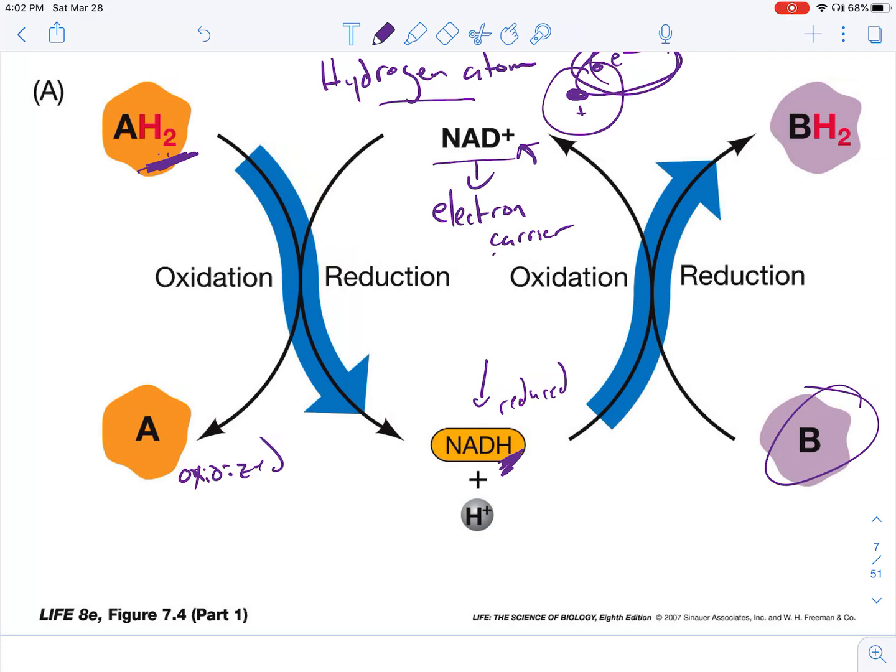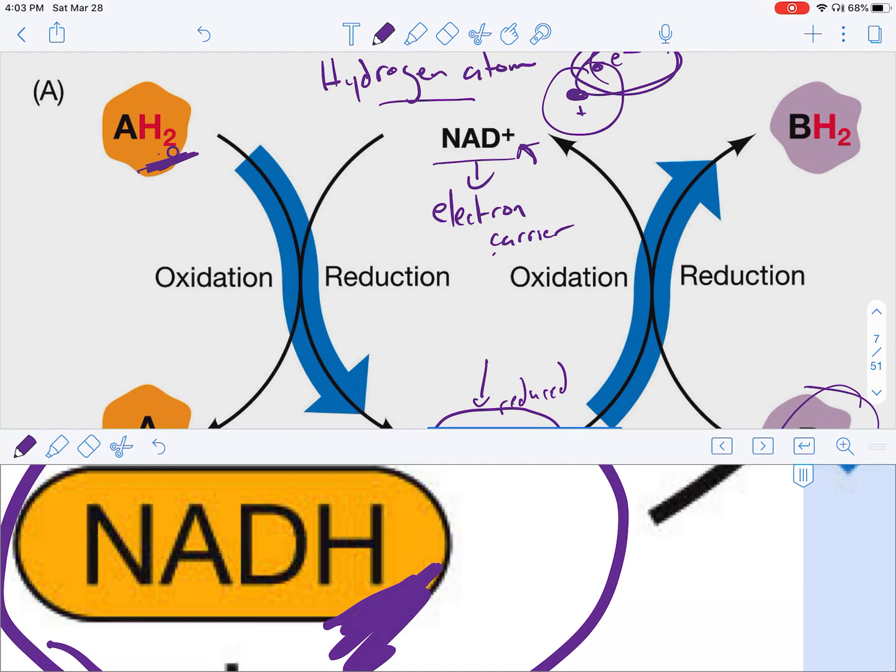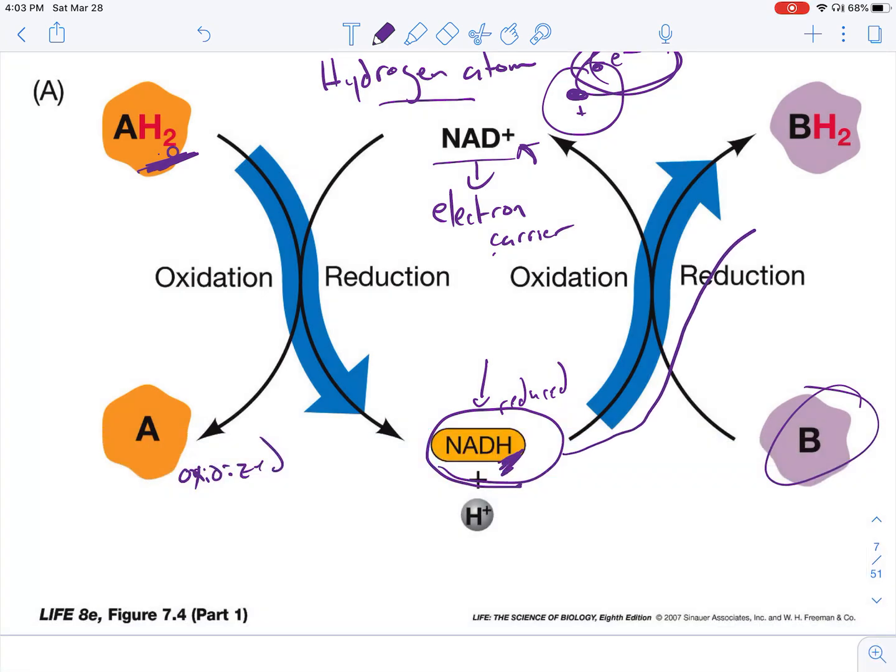So here, A is reduced. It passes those electrons to NAD+ to form NADH, and then NADH passes these electrons to compound B to reduce compound B, right? This is why NADH is called an electron carrier, because it doesn't hold on to it, it just transports it from one place to another. The net result is that you've oxidized compound A and reduced compound B.